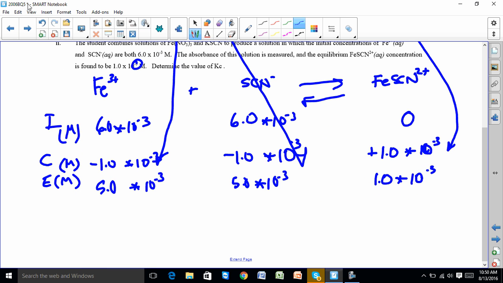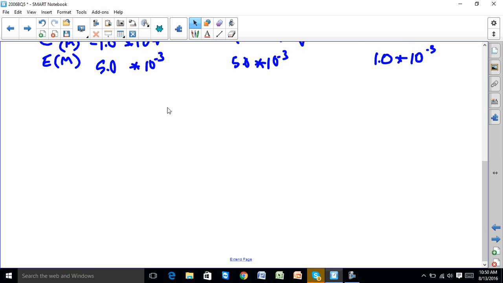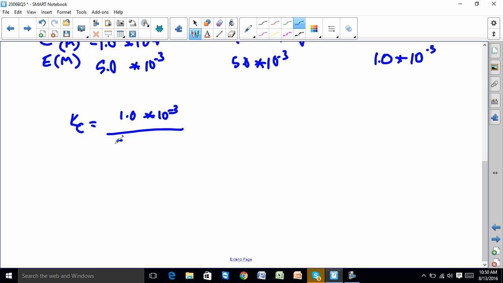And so what happens is I'm going to hit extend page. Kc ends up being 1 times 10 to the negative 3 over 5 times 10 to the negative 3 times 5 times 10 to the negative 3.